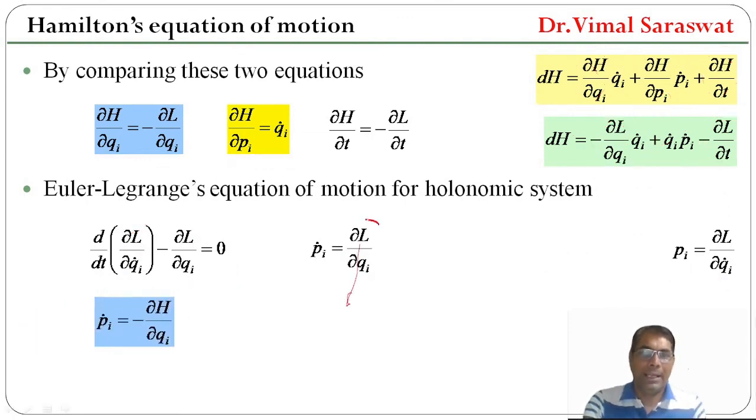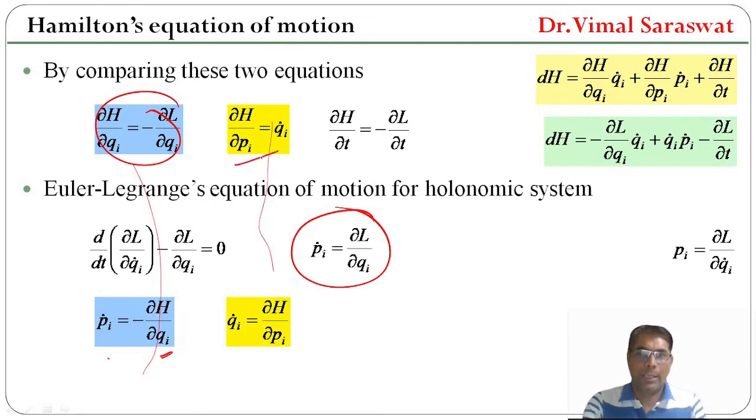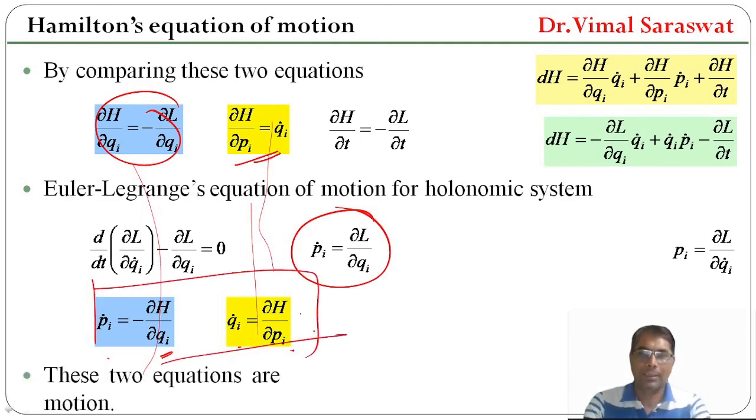Since del L upon del qi equals minus del H upon del qi, pi dot equals minus del H upon del qi. So if we compare these two equations, we get pi dot equals minus del H upon del qi. Also from here, qi dot equals del H upon del pi, and these two equations are known as Hamilton's equations of motion.